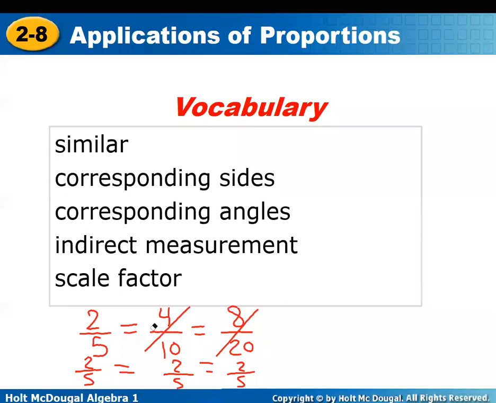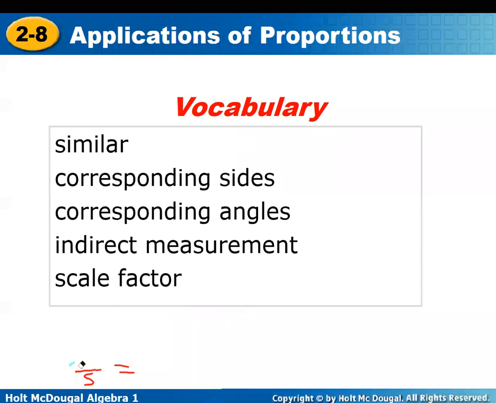Then today we will study applications of proportions. We have some vocabulary which we will study today: similar, corresponding sides, corresponding angles, indirect measurements, and scale factor.